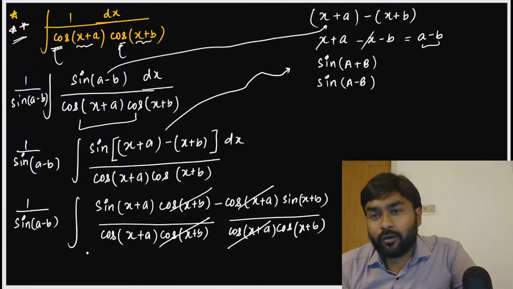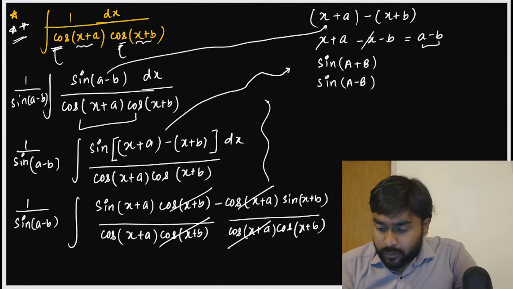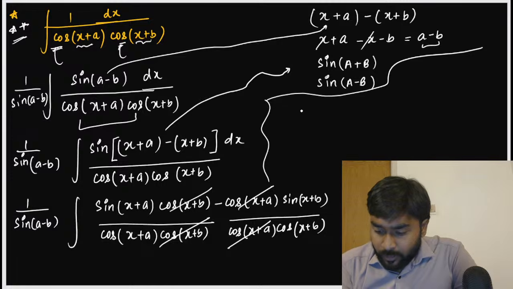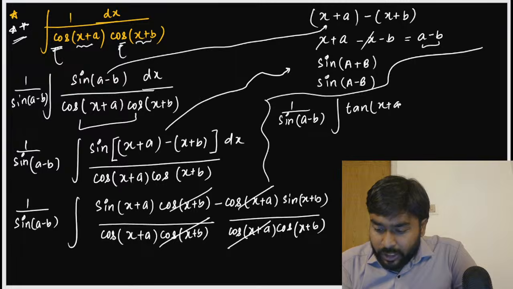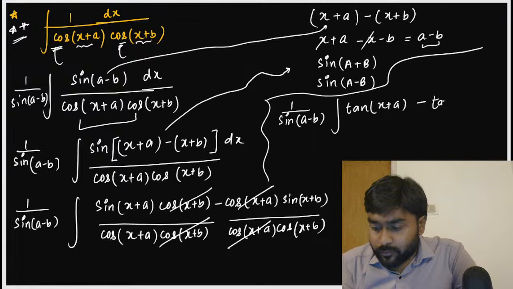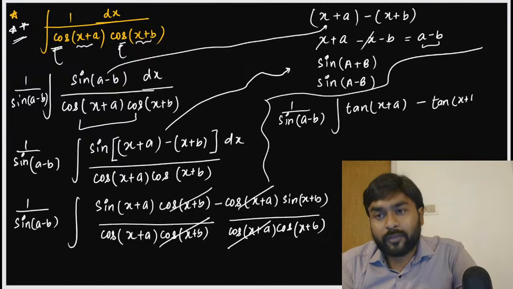Remaining sine by cos. Sine by cos will become, I think, tan. So 1 by sine a minus b as it is, it will become tan x plus a, then minus tan x plus b. Then integration means formula.